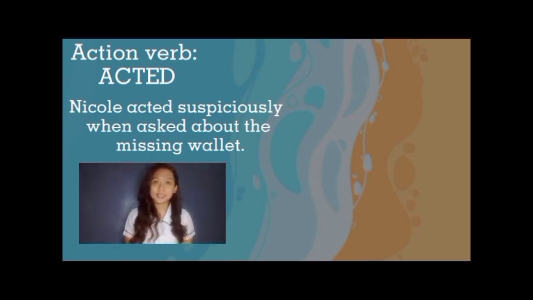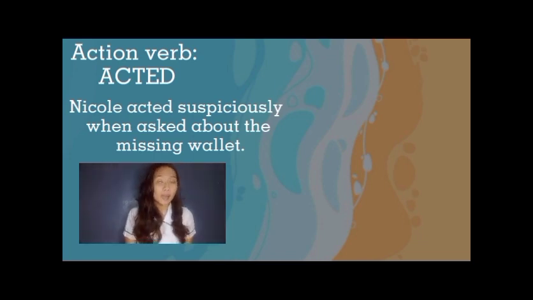In the sentence, acted is an action verb because it describes the action performed by the subject. Even though the noun, wallet, follows this verb, this noun does not describe the subject, Nicole. Therefore, acted cannot be a linking verb and must be an action verb.